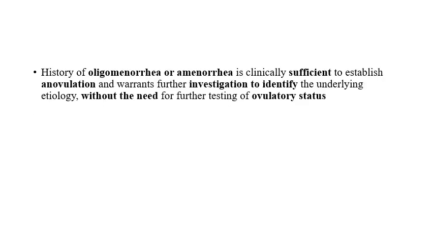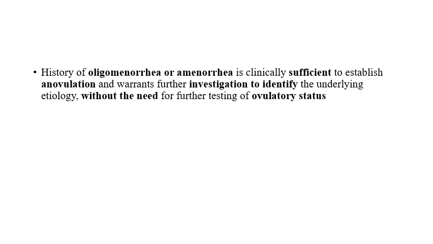In the previous slide, we discussed that if the menstrual cycles are normal, regular and predictable, the patient is ovulatory in most conditions. But if the patient's cycles are irregular, that is oligomenorrhea or amenorrhea, then we don't need any further test for ovulatory status, as the history alone shows that the patient is anovulatory.